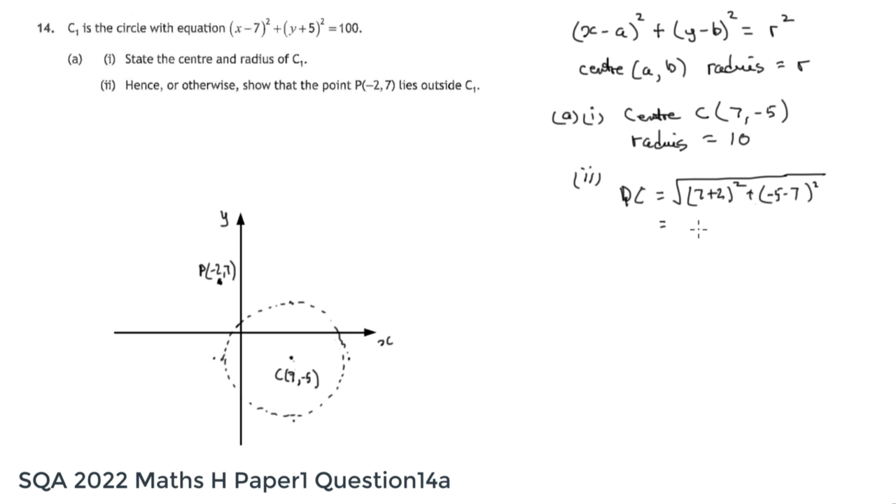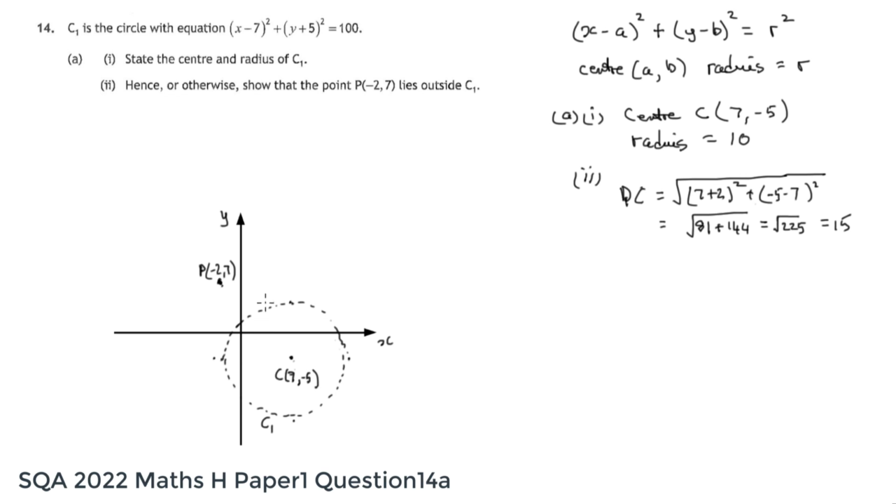So that's 9 squared, that's 81. And that's -12 squared, 144. And that'll give us a square root of 225, which is 15. So distance from P, point P, to the centre of the circle C1, that's circle C1, is 15 units.